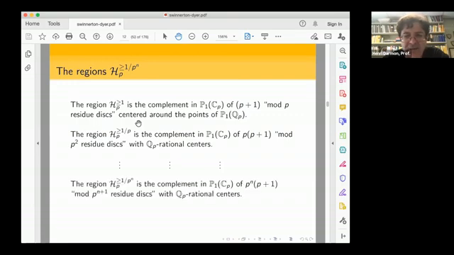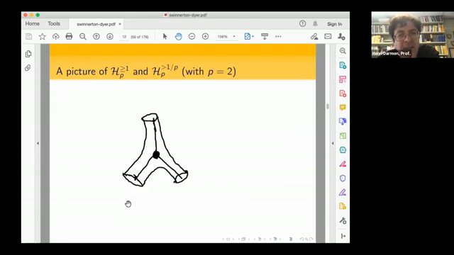Okay, so if you take now epsilon to be 1 over P to the n, so getting smaller and smaller in an Archimedean sense, then this region is a complement of a larger and larger number, P to the n times P plus 1 in this case, of residue disks with smaller and smaller P-adic radii. Okay, and so here's a picture.